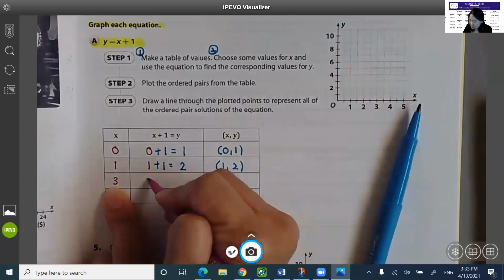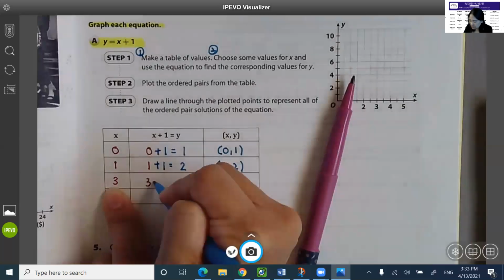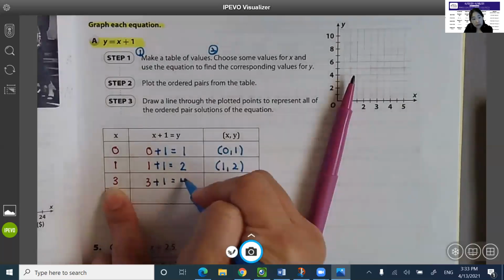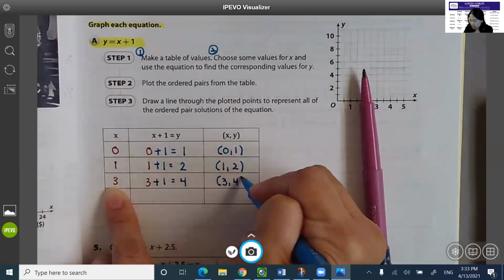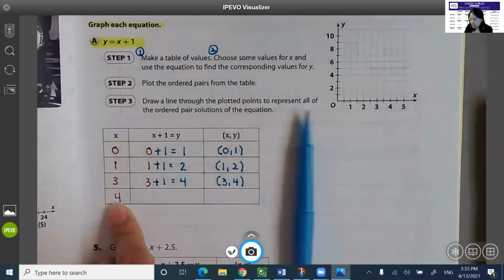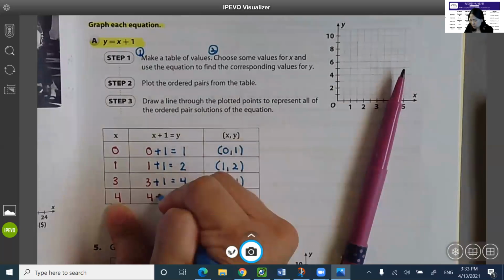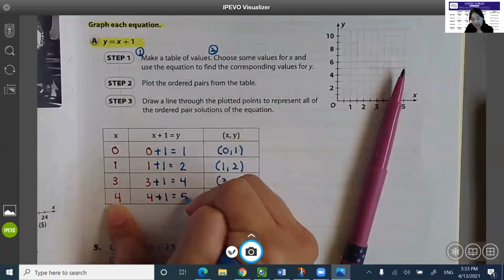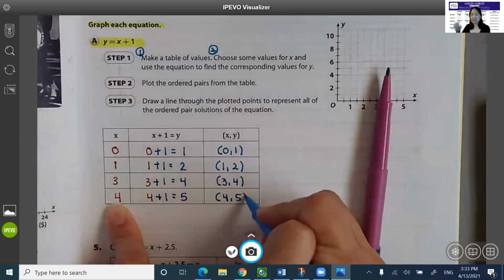When x is 3, so 3 plus 1, which is 4. So when x is 3, y is 4. And the last one, when x is 4, what is y? x plus 1 equals 5. So when x is 4, y is 5.